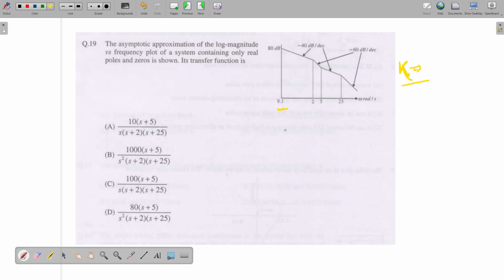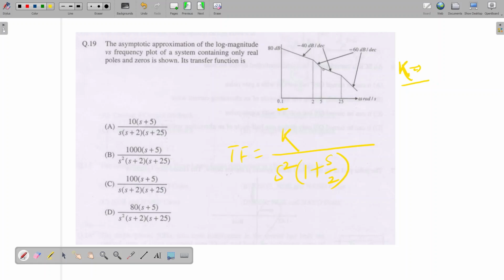So we'll write one by one. The transfer function will be equal to K divided by, so initially how much? Minus 40. So it should be s square, correct. Again at 2, it is going to minus 60. So 1 plus s by 2, correct.